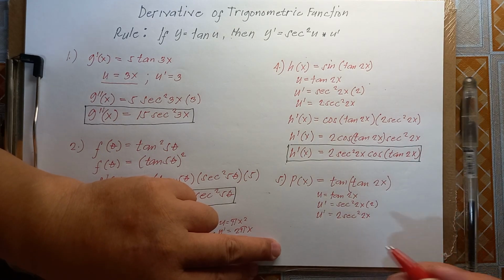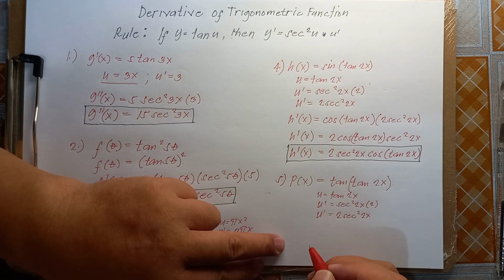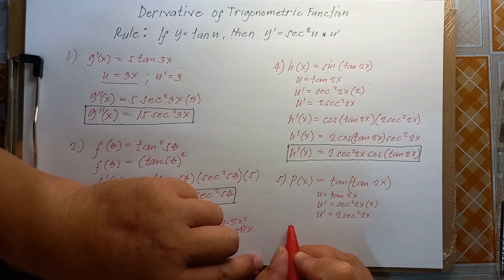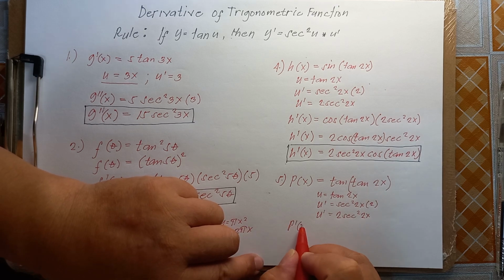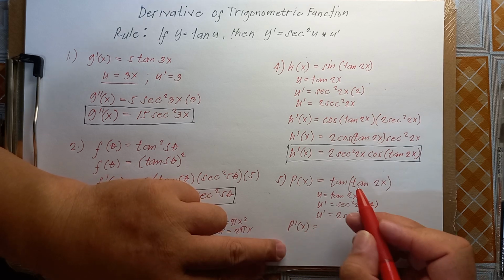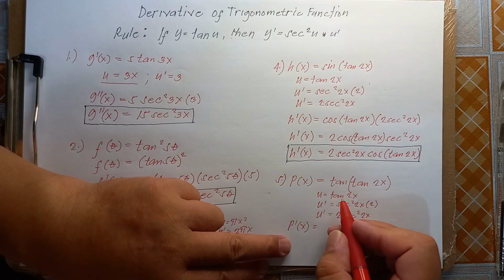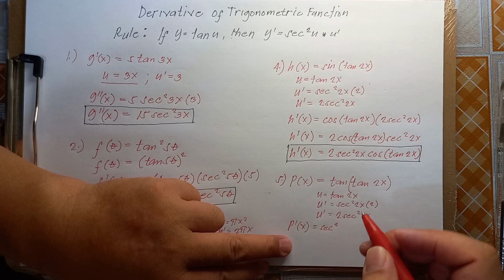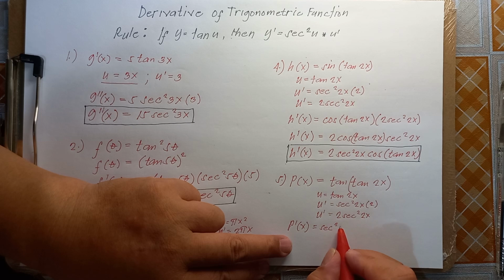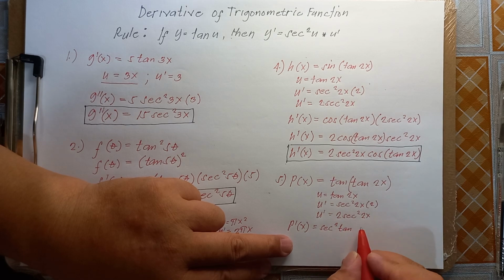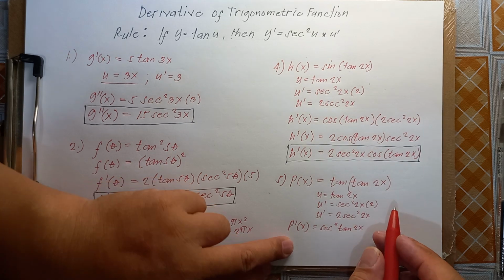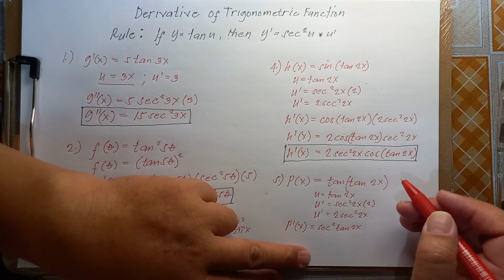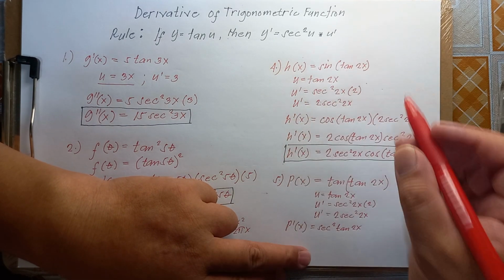Having said that, we are now ready to get the derivative of p of x, which is p prime of x. What is the derivative of tangent of tangent 2x? It is secant squared, with coefficient tangent 2x, and of course multiplied by the u prime. What is our u prime?